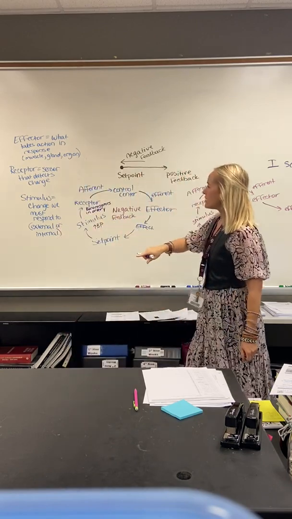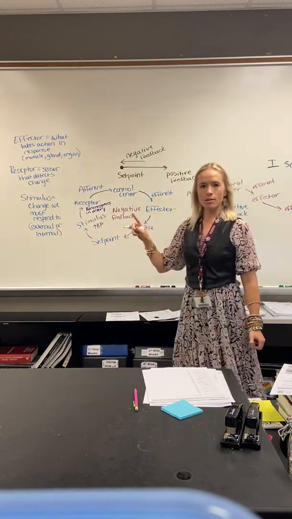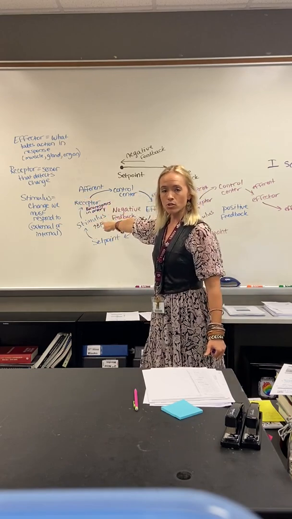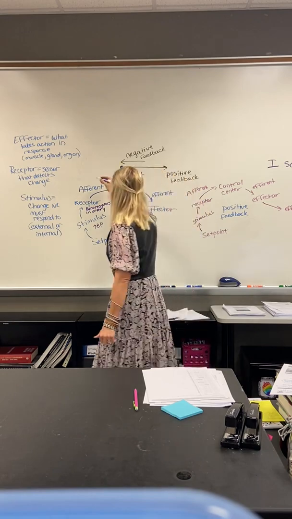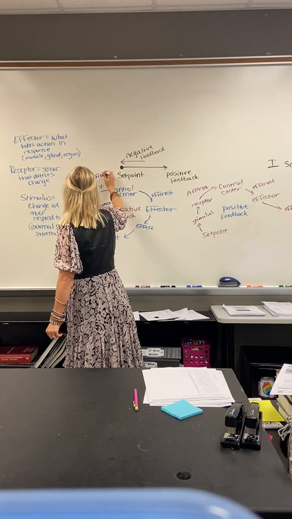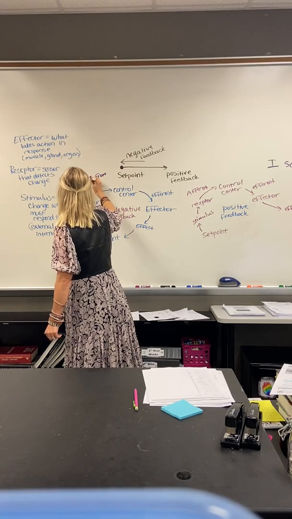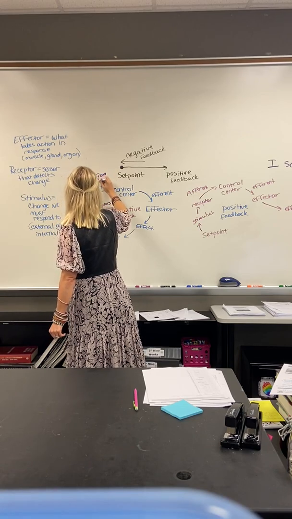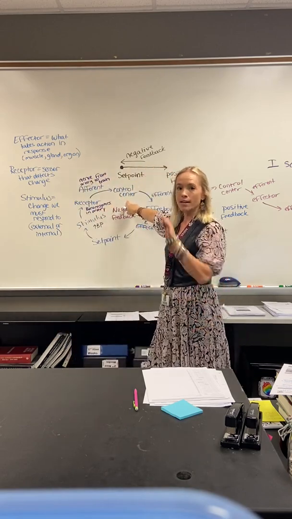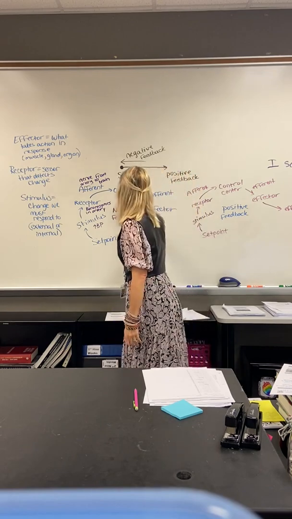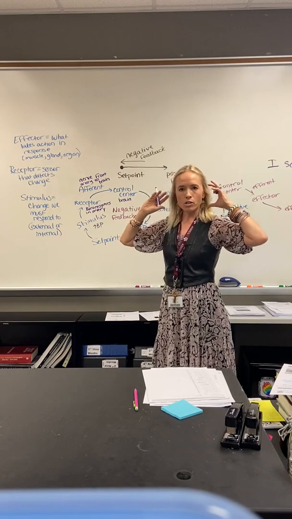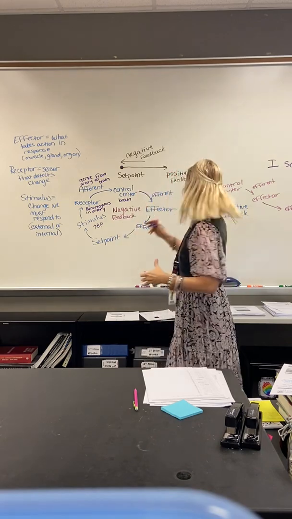It's going to send the signal afferently, so it's going to be the nerve from the blood vessels to the brain. This will be the nerve from the receptor, from the artery, to the control center. The control center in this case is the brain. It's the medulla oblongata, but we'll just say the brain. The brain is going to figure out what to do, and it's going to send the instructions out efferently.